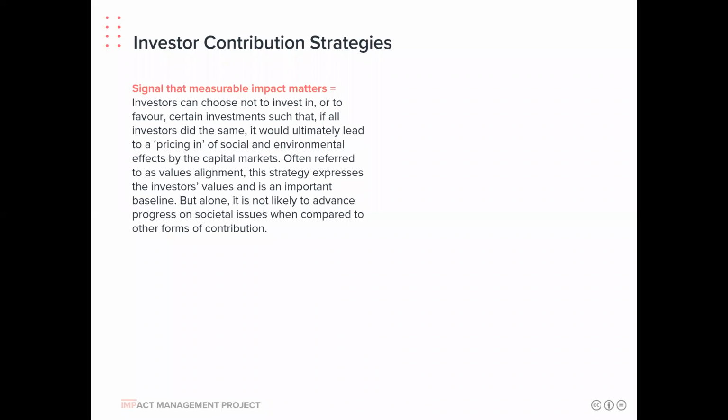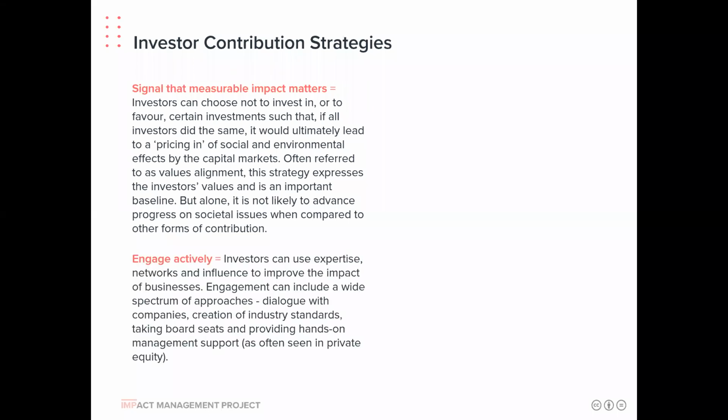But given the fact that many investors are not doing the same, any individual investor doing this may not directly move the needle. But at a minimum, you can think of it as being values alignment. This is a way to express an investor's values through their portfolio construction. And this is sort of the baseline that virtually all investors thinking about ESG or impact implement. James, if you could click to the next, thank you.